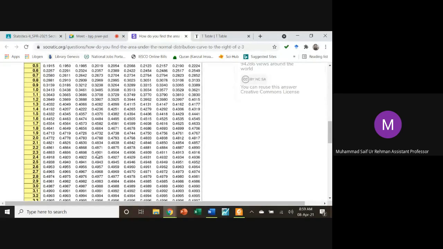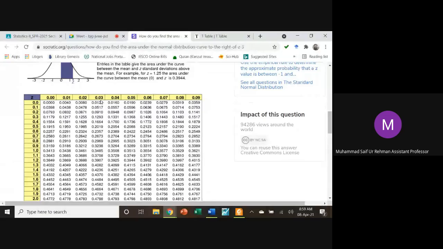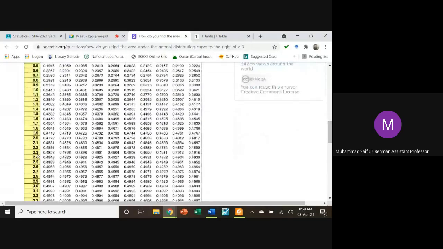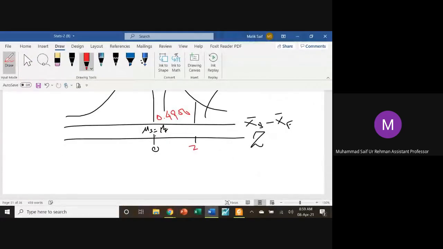So consider this value, and then move leftward 2.3, and then from this point move upward and see this is 3. So 2.3 plus 0.03, the answer is 2.33. So 2.33 is your critical value, 2.33.